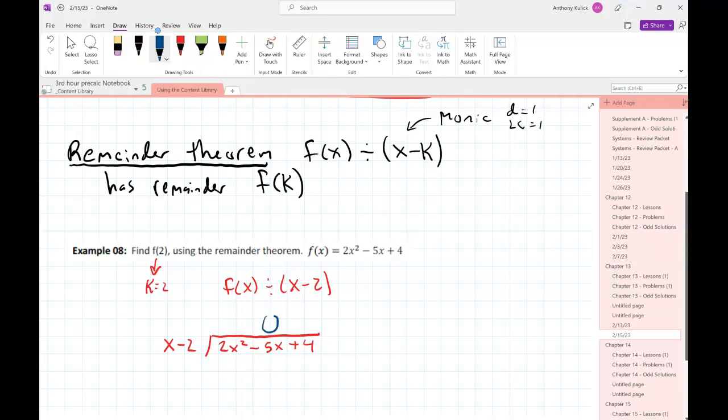Multiplies to x and gives me 2x squared is 2x. I subtract down. What should I do first, Sophia? Distribute the negative. So that's going to be plus a negative then, and that'll become just positive. We add down, we get 0 minus x plus 4.